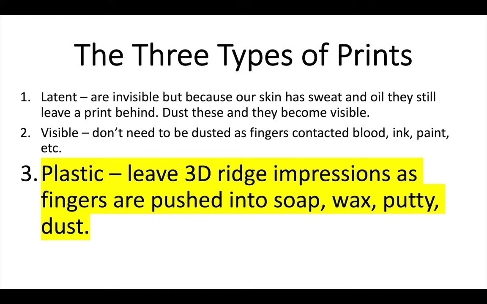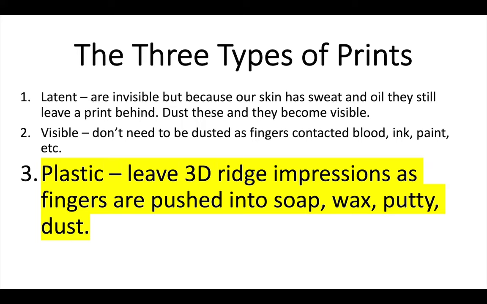Now these leave a sort of 3D impression into a substance that can give, for example, soap or wax or putty, even dust. The point is that it can leave this 3D impression, because the other two were two-dimensional.